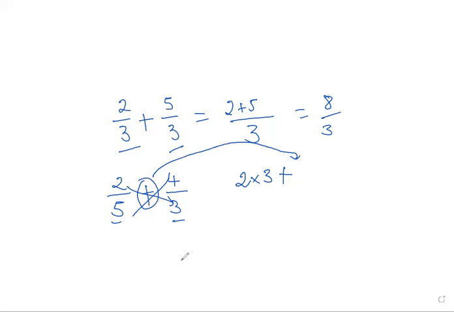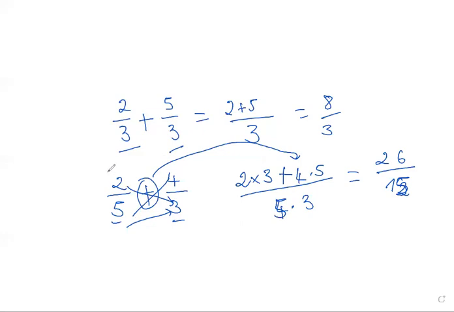If it was minus, that would be minus. Plus the other cross, which is 5 times 4, all over the product of the two, 5 times 3. That would be 6 plus 20, that is 26 over 15, and that's the answer.